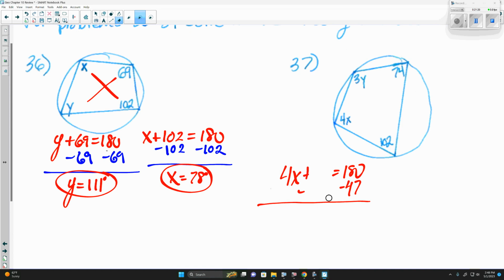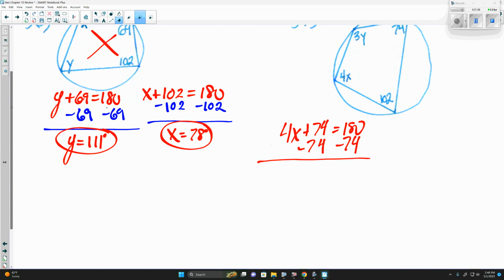Questions on these here? So we minus 74. Telling us 4x is equal to 106.